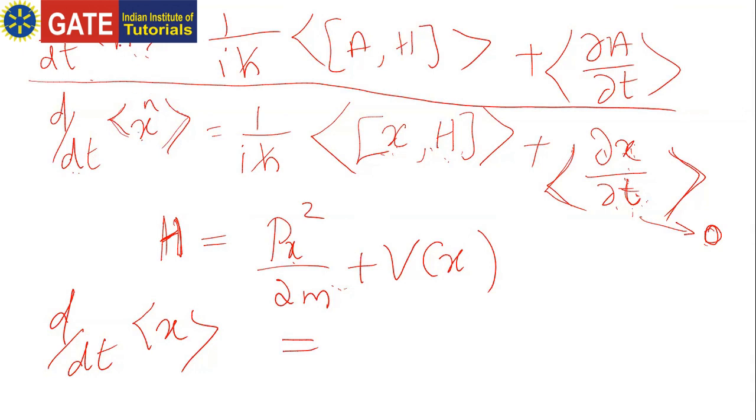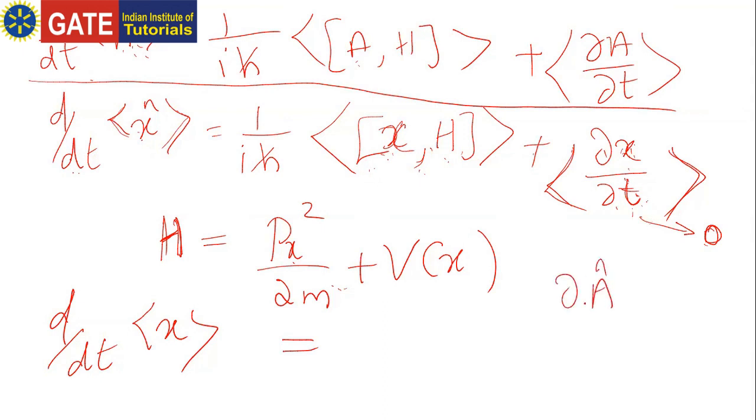Comparing these two equations, here our variable is A, and here x. Instead of A in the equation, you can substitute x: 1 by iħ expectation of the commutator [x, H] plus ∂x/∂t.